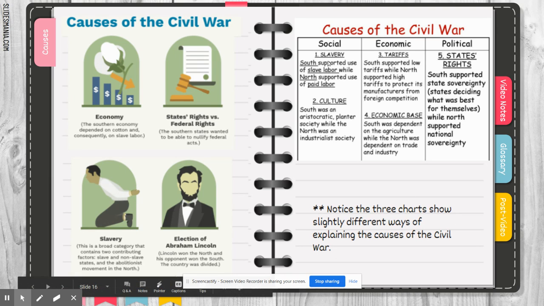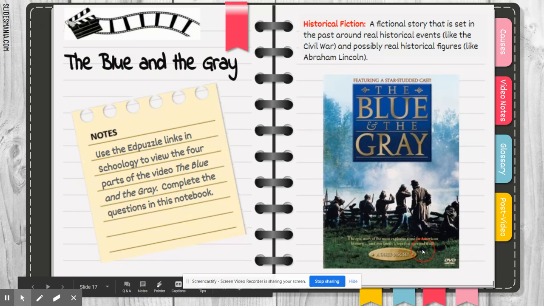And then over here, some of the same ones: slavery, tariffs, the taxes that were placed on the South when they traded with Great Britain, states' rights, the economies, again, the culture, how different their beliefs were. So it says here, notice the three charts show slightly different ways of explaining the causes. There are very similar ideas here, but slightly focused on different things.